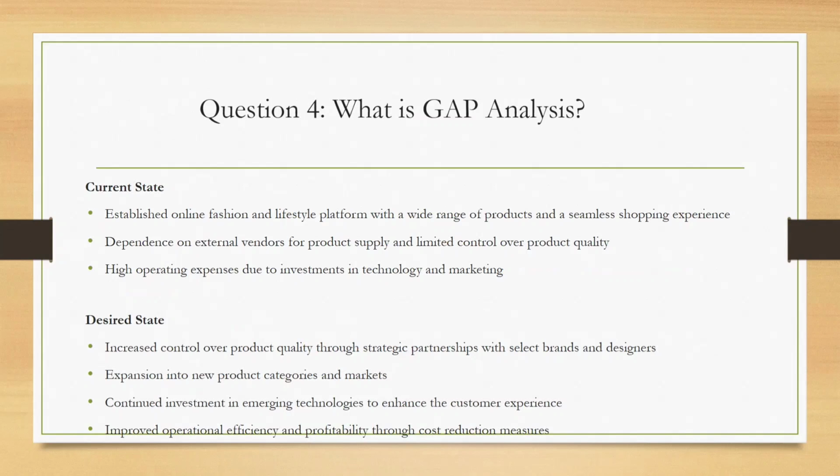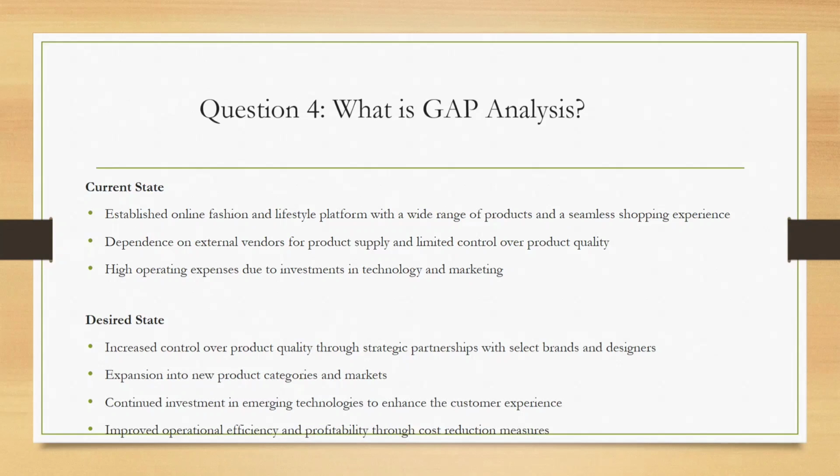And coming to gap analysis. Gap analysis is done to find the gaps between the current state and the desired state. We call the current state as-is and the desired state to-be. So what is the current state? For example, in your case study, the current state is an established online fashion lifestyle platform with a wide range of products and a seamless shopping experience.